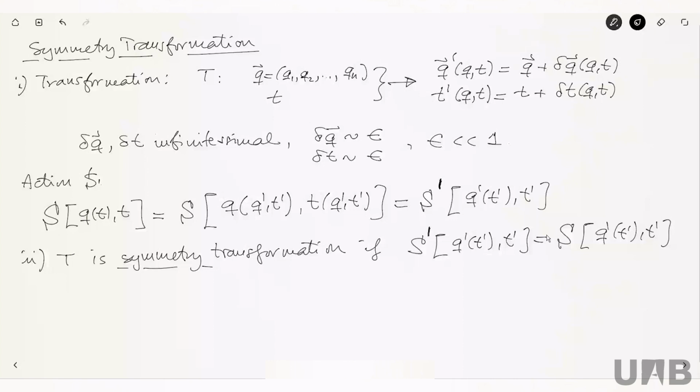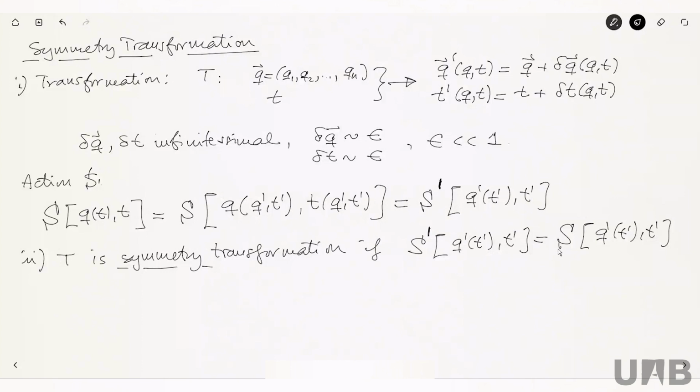Now, it may be that the action does not change even though I have changed the variables, because the Lagrangian doesn't change, or because the Lagrangian does change, but in a way that the integral over time, which defines the action, does not see the difference, okay? And this is something we will have to take into account at some point.